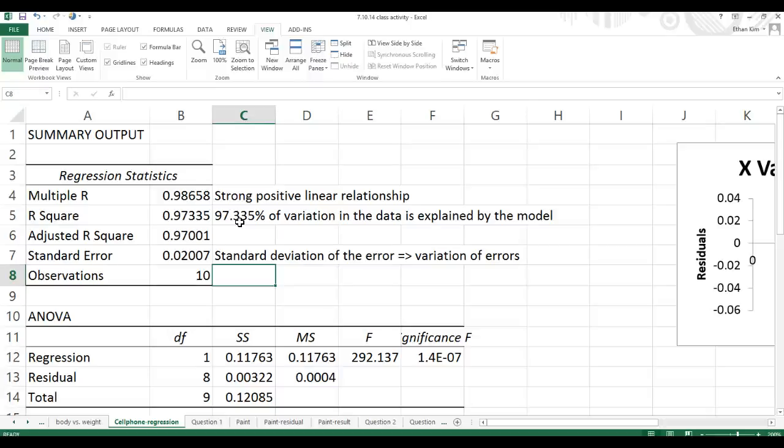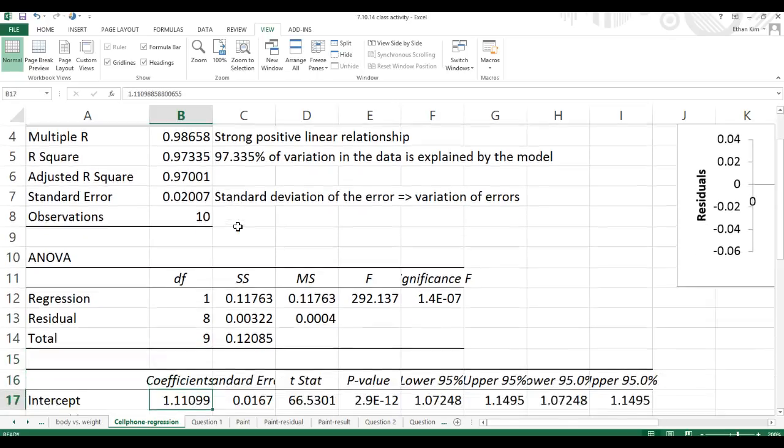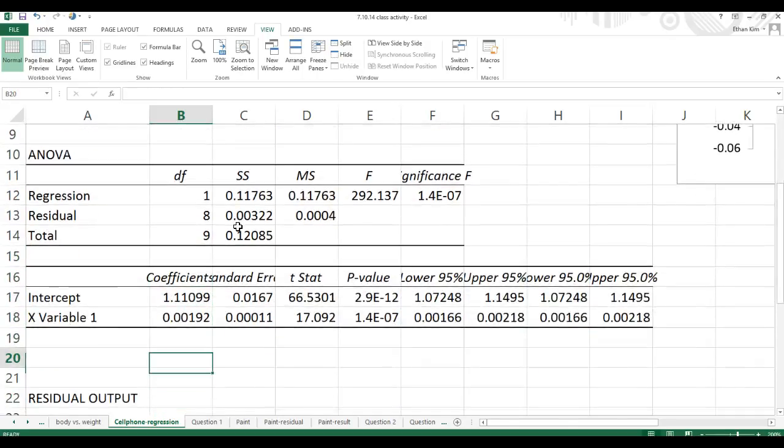Okay, so that's taken care of, and this is the number of observations, and we are not concerned with all these numbers yet, but we are concerned with this, right? Intercept is B0 and this is B1. So okay, let me just write this down.